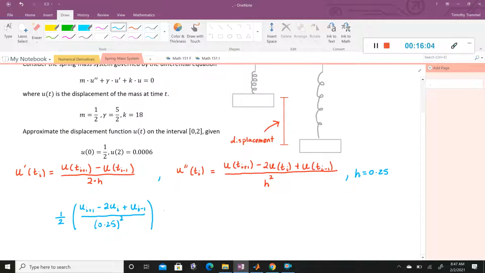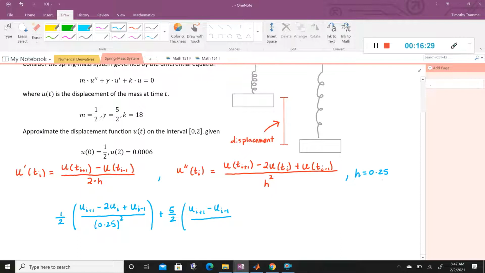And then plus gamma. So plus 5/2. And then this time times u prime. So this is going to be multiplied by u sub I plus 1 minus u sub I minus 1 all over 2h.